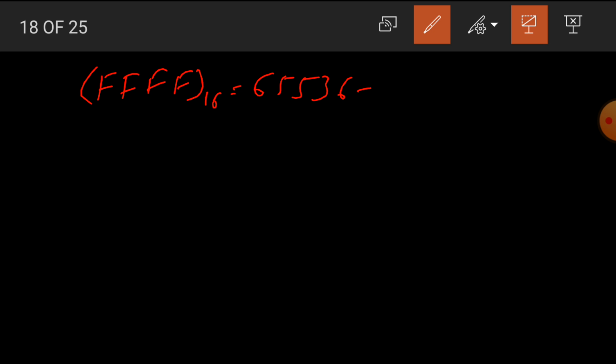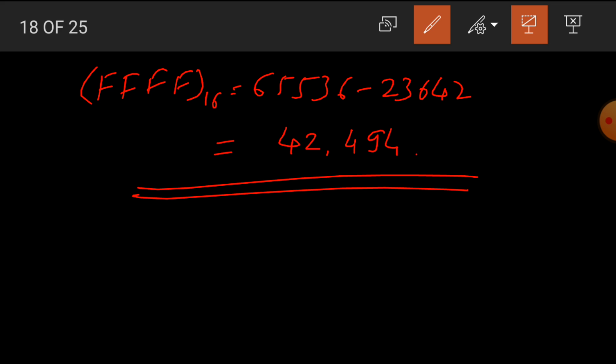Minus 23,042, after subtracting this we get 42,494. These are the clock pulses. Now we have to convert it into the hexadecimal value, and its hexadecimal value is A5FE.